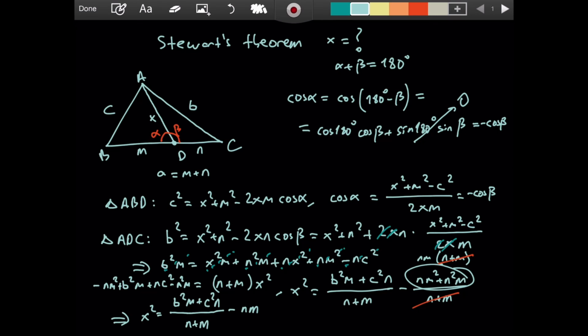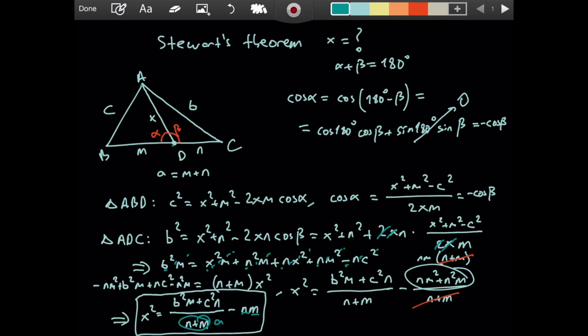And this is the final formula. This is Stewart's theorem. Notice you could have also written a here because n plus m is a, but I don't know how helpful that is, because in either case you're going to need to find n and m. It isn't enough if you only know a. We also need to know how AD is connected to BC, where it is intersecting the line BC.